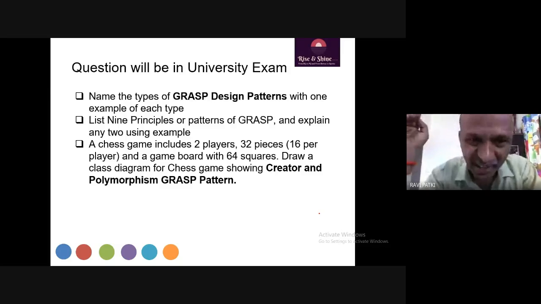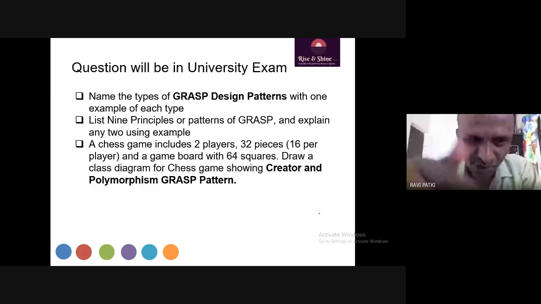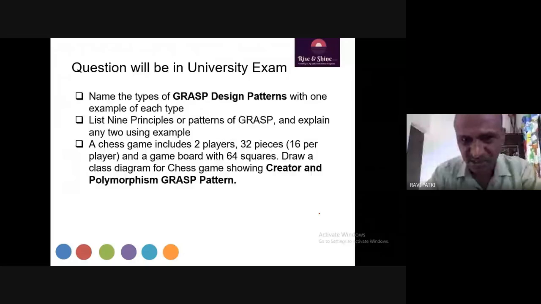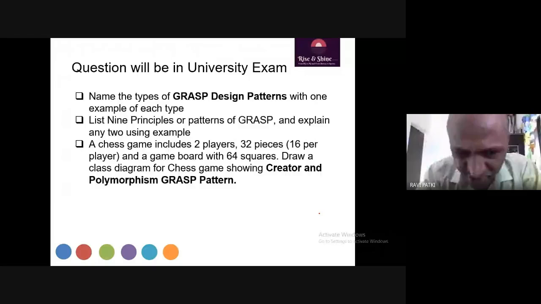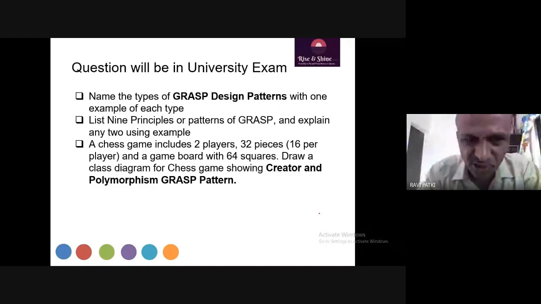Name the types of GRASP design patterns with one example of each. Just give a name, or the same question will be asked in another way: list the 9 principles or patterns of GRASP, and explain any 2 using an example. If it is a 6-mark question, any 2 or any 3. If it is an 8-mark question, any 4. So such questions will be there.